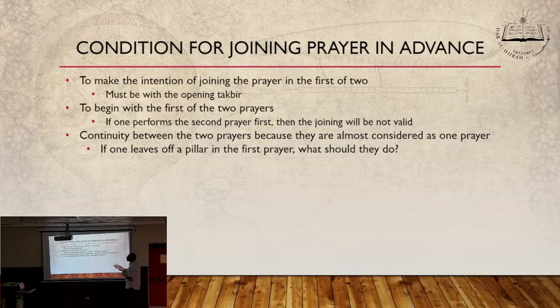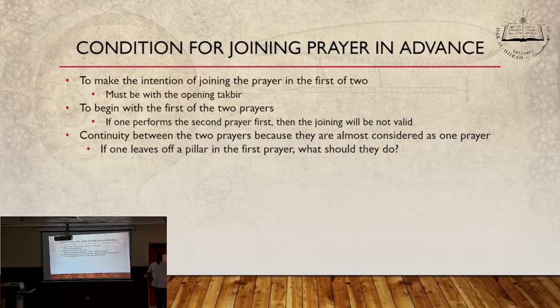So if one leaves off a pillar in the first prayer, for example, I'm praying Dhuhr, combining it with Asr, and in the Dhuhr prayer I missed a pillar, let's say I missed 1 rak'ah. What happens? No, the prayer is invalid and the combination is invalid.